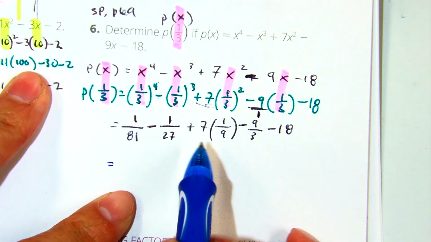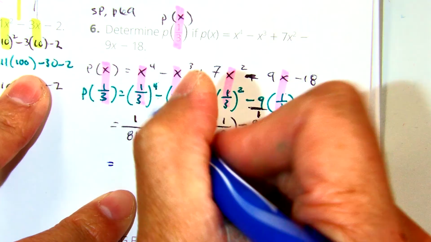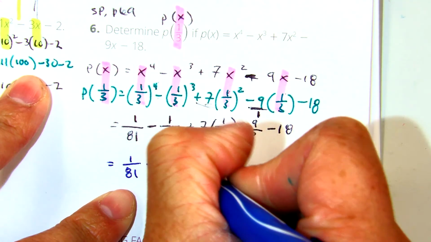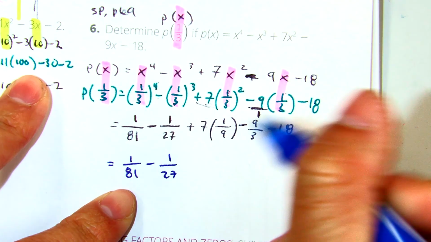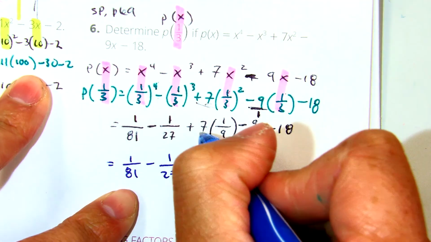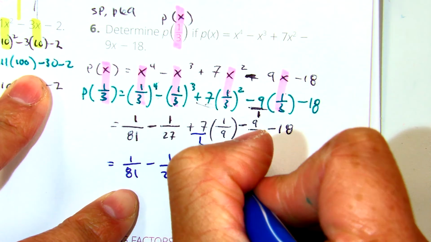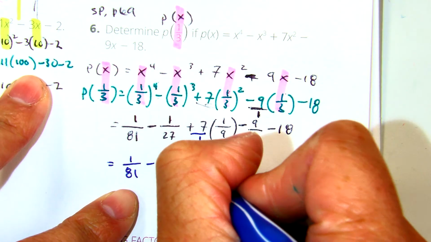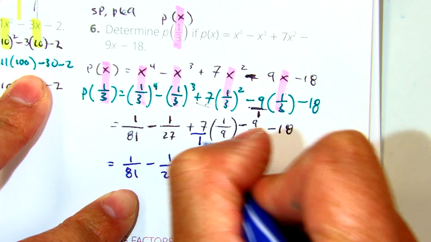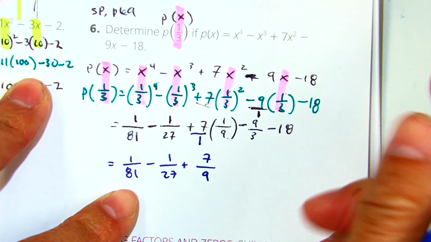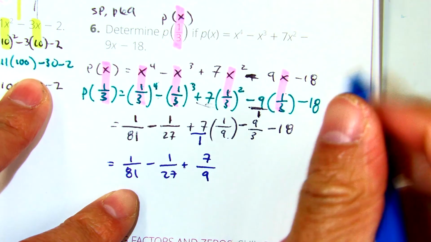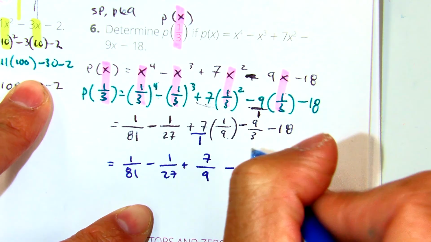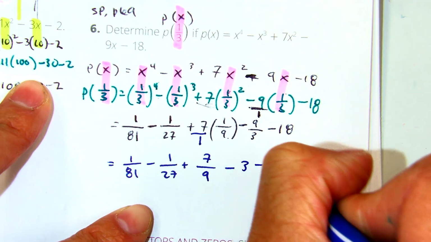Alright, so I'm just going to go over and simplify these. So 7 times, remember we're going to make that a fraction by putting it over 1. 7 times 1 is 7. This is positive. And 1 times 9 is 9. Class, what's 9 divided by 3? -3 minus 18.